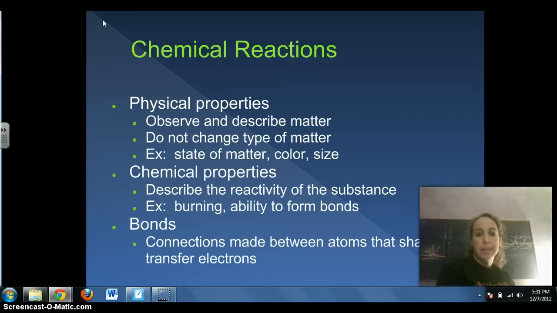Bonds are connections made between atoms that share or transfer electrons. The goal of forming chemical bonds is so that all of the atoms involved are stable. Every atom has to be stable, meaning that it has 2 electrons in the first shell and then 8 in any subsequent shells that you have.